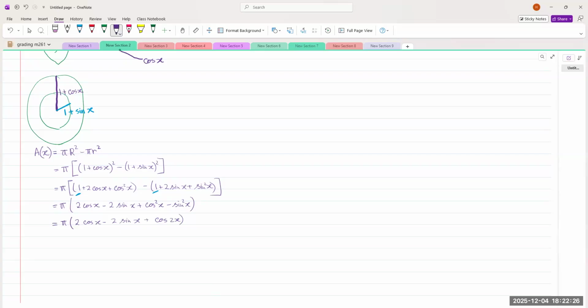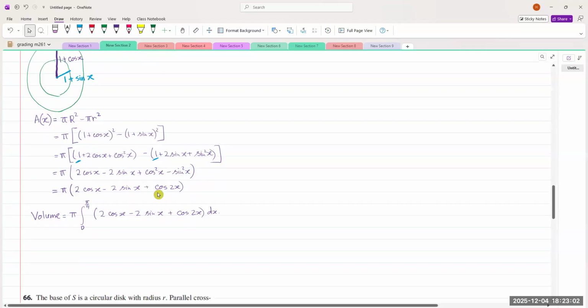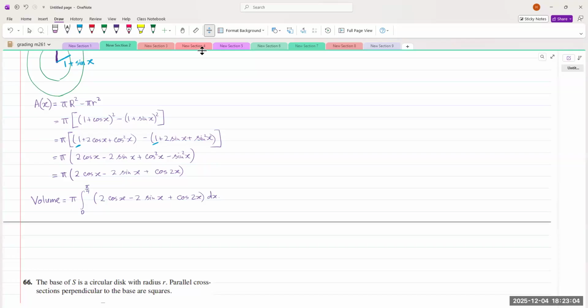Then later on, let's see. So the volume will be, I factor the pi out, the integral from 0 to pi over 4 of 2 cosine x minus 2 sine x plus cosine 2x dx. You know what? For this one, let me integrate that.